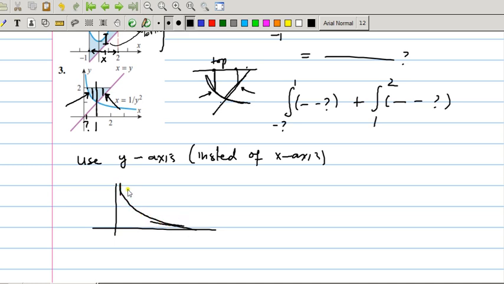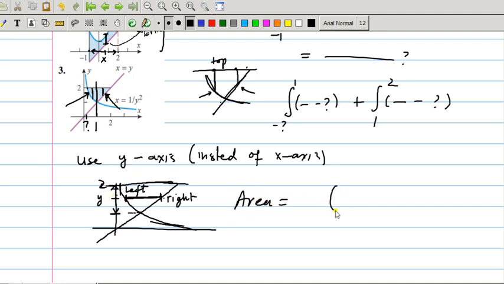But instead of this one, if I use the y-axis instead of x, then what will happen? Take y is equal to 1 over x square, this curve, right? And the second one was this. So instead of taking with the x-axis, you take it with the y-axis.